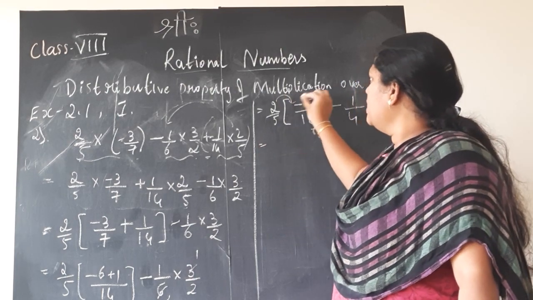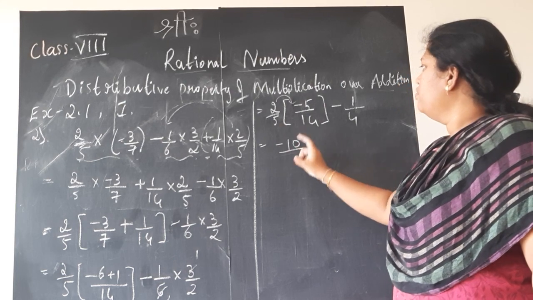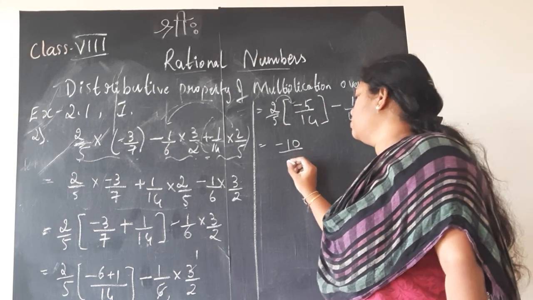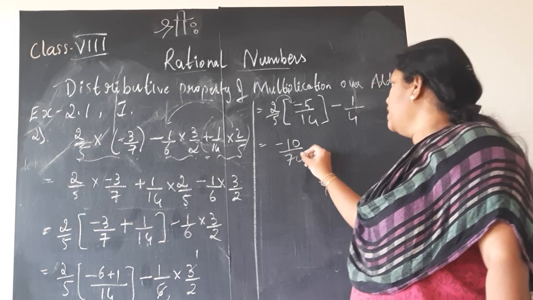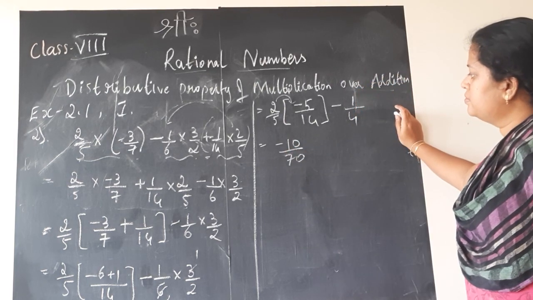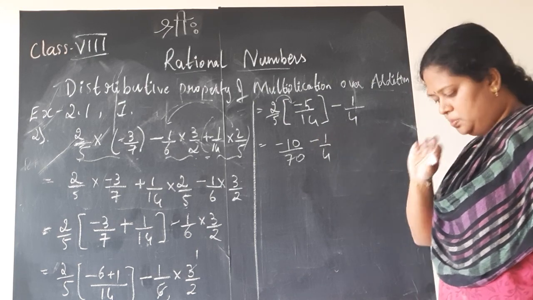Next I will multiply this 2 by 5 inside that. 2 into minus 5 is minus 10, 5 into 14 is 70, correct? Correct. Minus 1 by 4.